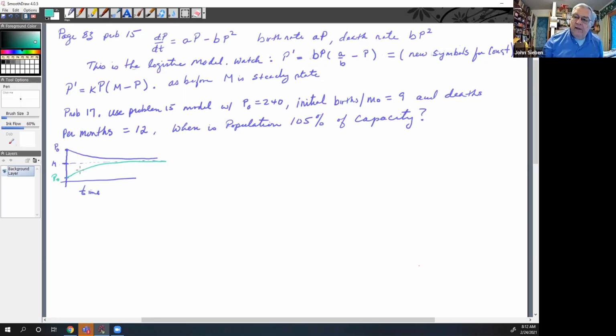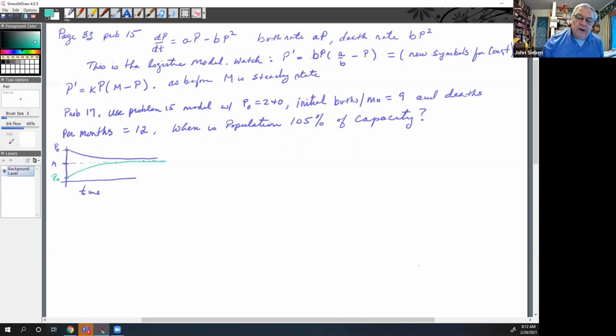All right. So this 240, it will turn out, is going to be more than the carrying capacity. So we start out with 240 rabbits. That's possible. You get an island and you dump 240 rabbits on it, but that's too many rabbits for the island.